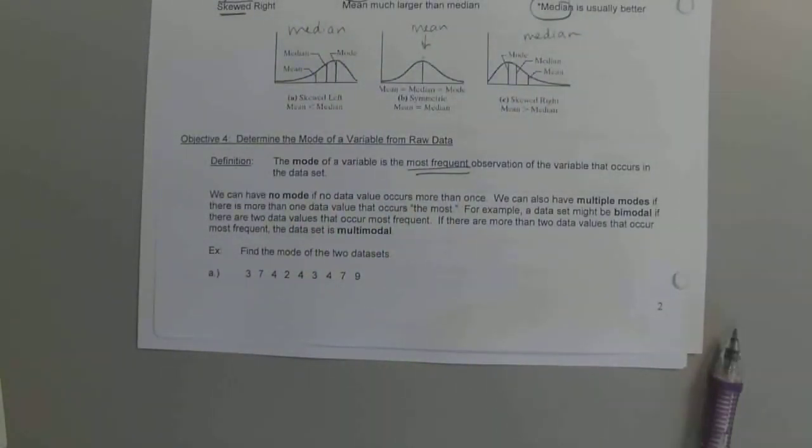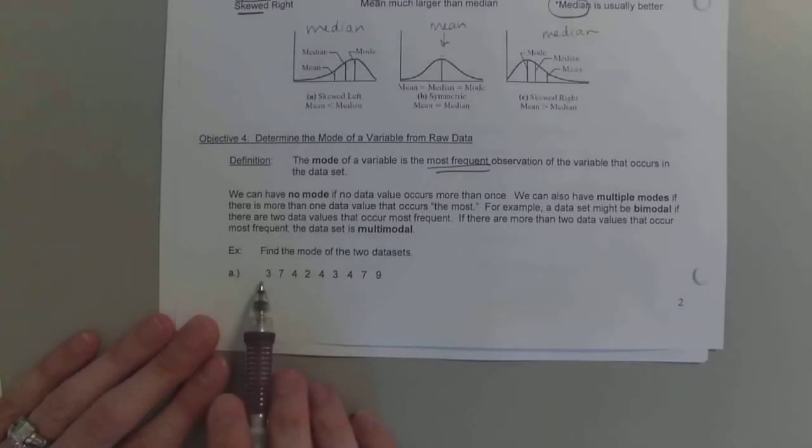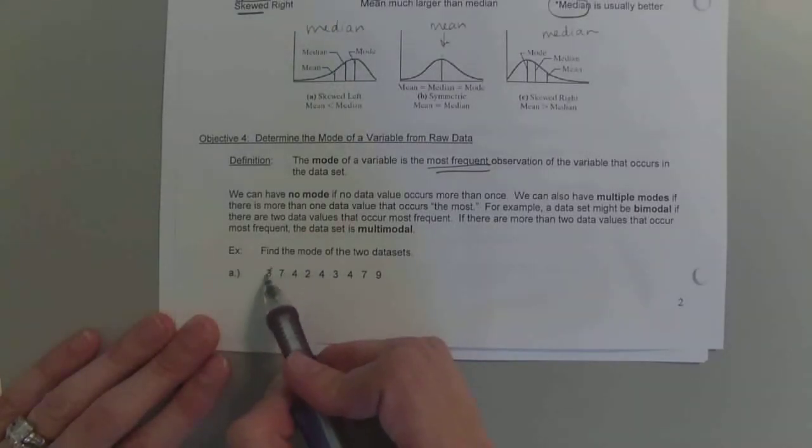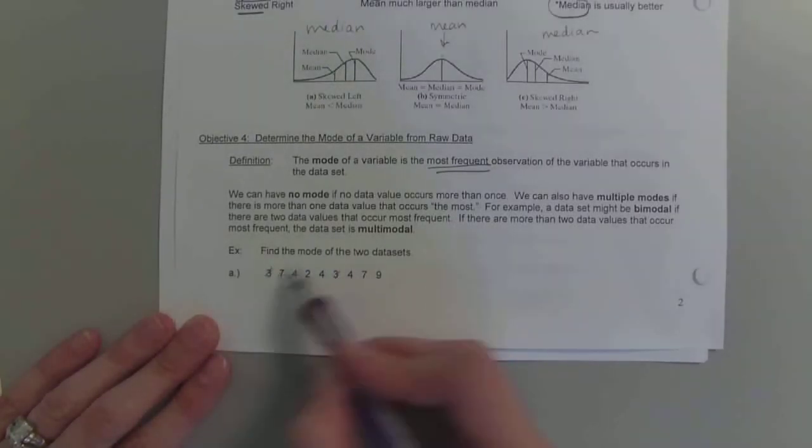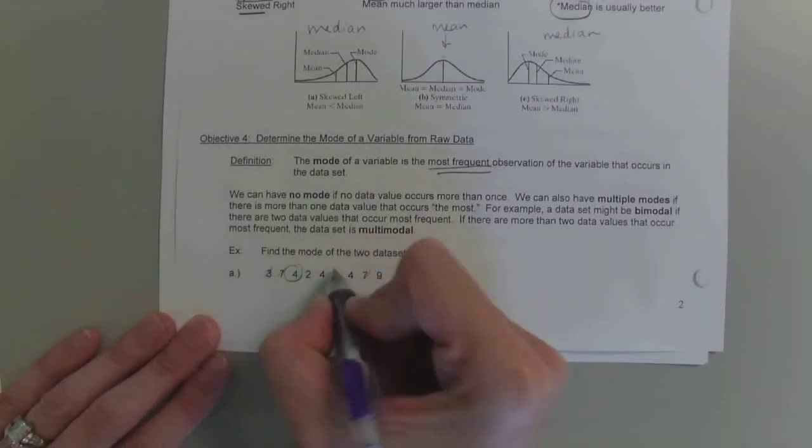So what's the catch-22? To me, if no numbers repeat, they all occur the most, right? They all occur one time, so they all should be the modes based on that definition. So kind of just keep in mind, you have to occur more than once in order to be a mode, and you have to be the most. So let's look at this. We have 3 occurs twice, right? 7 occurs twice. Okay, they're both kind of in the running.